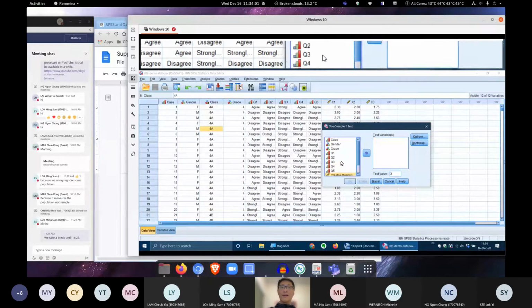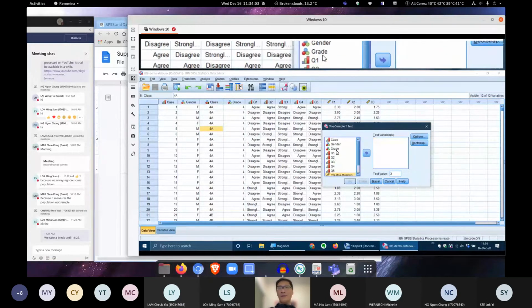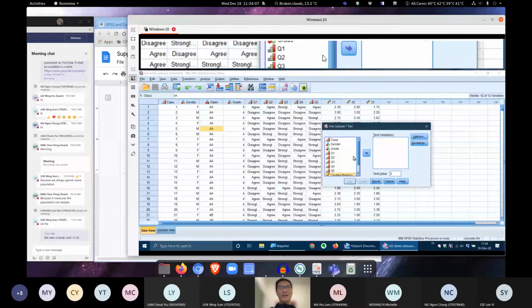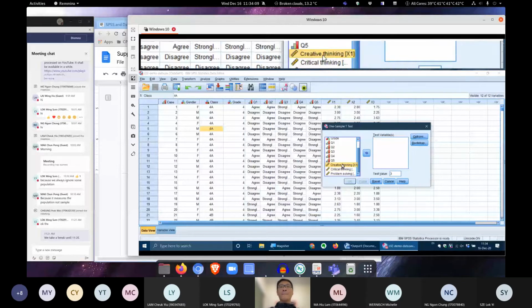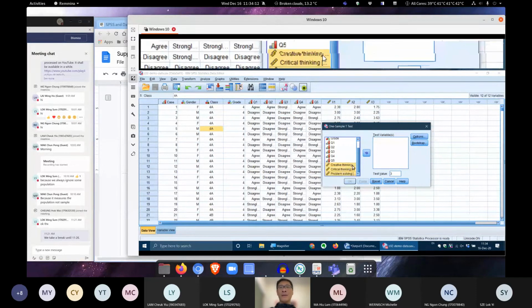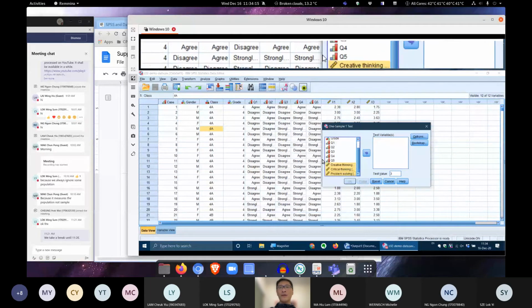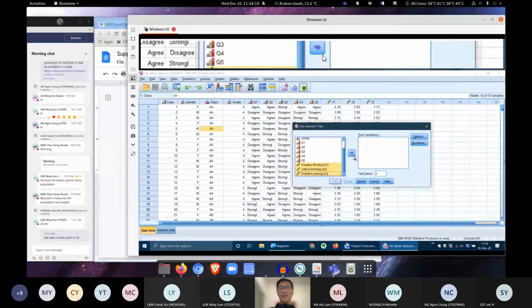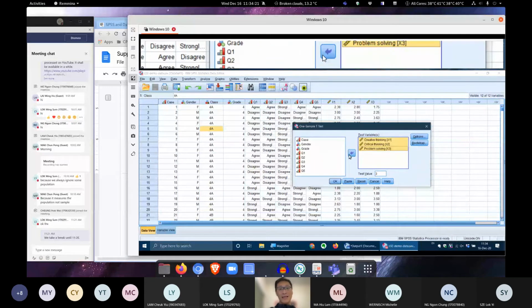So we cannot put the Q1 to Q5, or we cannot put the grade, the gender, and etc. into the t-test. Now, if you, in your research, want to test a number of variables, you can put all of them into this box, just like this. And then SPSS will do the test to each of the variables. So that will save you some time if you want to do a lot of tests like this.